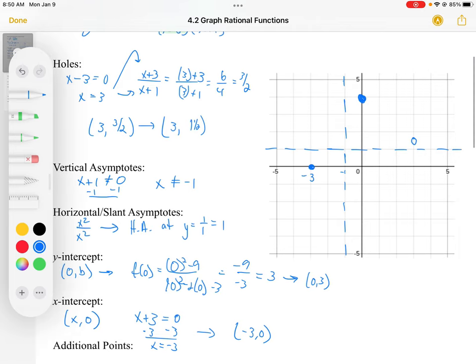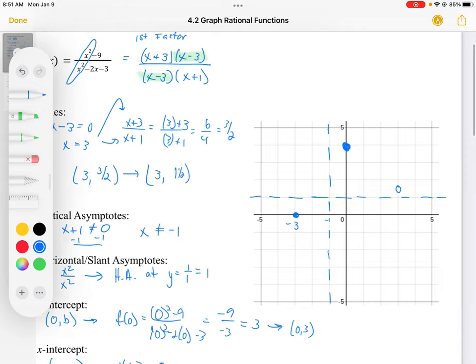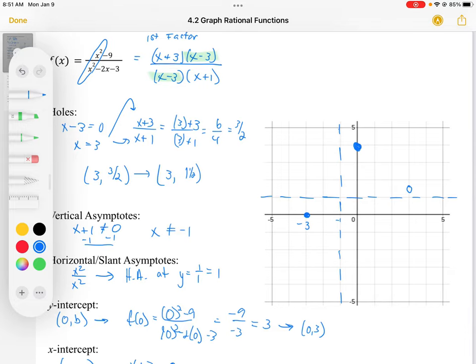Now, based on what we know of rational functions, you can see that we have a point and a hole in the top right, like a quadrant where the vertical and the horizontal asymptote intersect. So I know that my graph is going to ride along that vertical asymptote, and we can see that it's going to be decreasing.